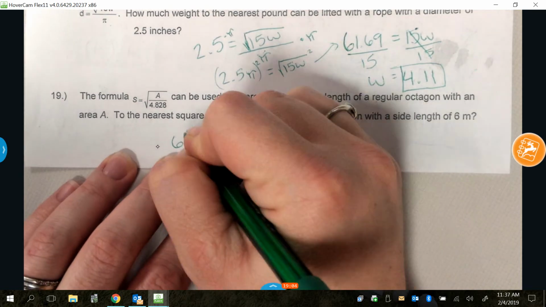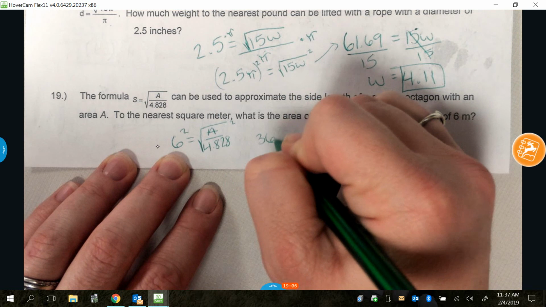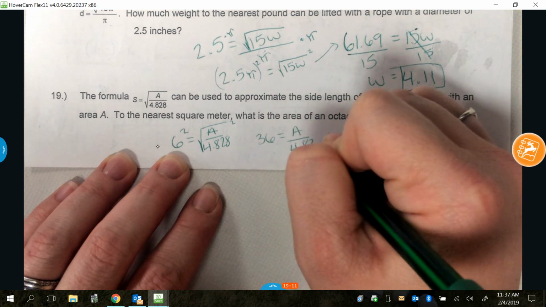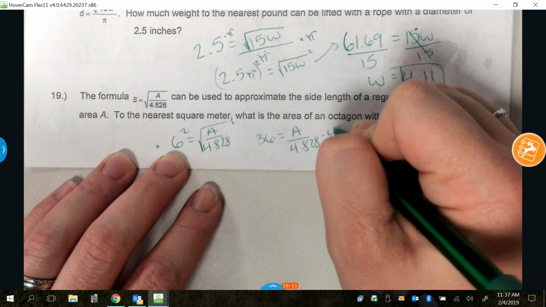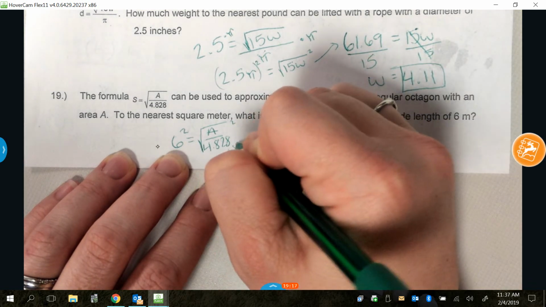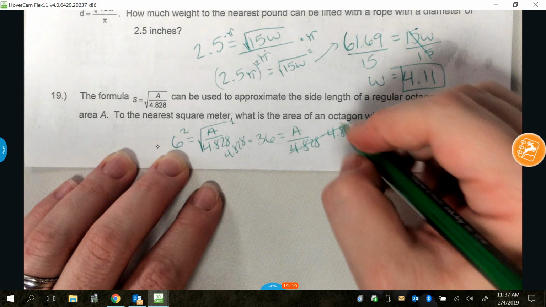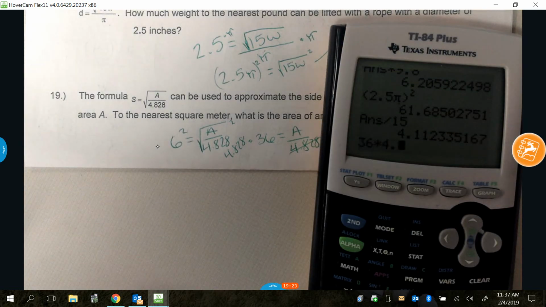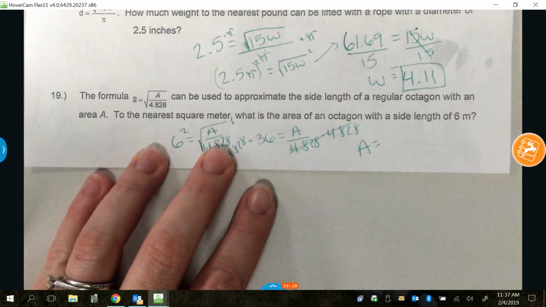So I'm going to square both sides, and I get 36 equals A over 4.828. I'm going to multiply both sides by 4.828. That cancels, and I get A equals 36 times 4.828, 173,808.